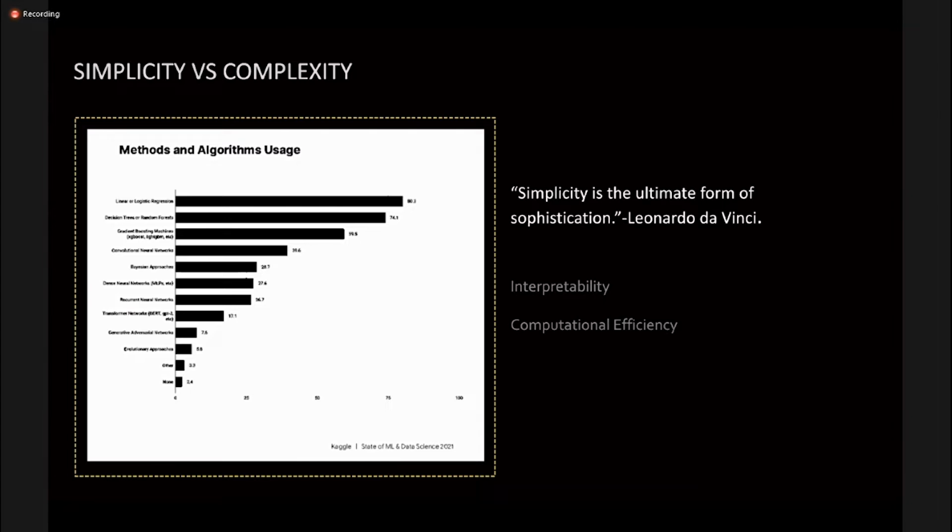And I want to bring this graphic that shows the methods and algorithm usage. This is from the State of ML and Data Science report from 2021 from Kaggle. Kaggle is, I think, the biggest data science community that there is. And if you see, the methods that are mostly or widely used are linear regression and logistic regression.